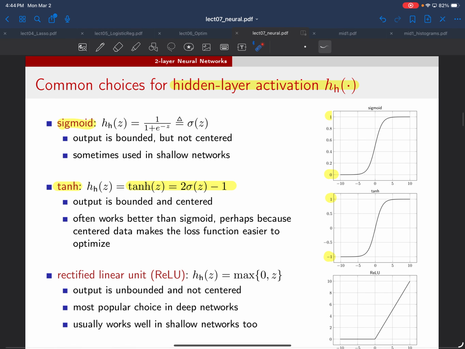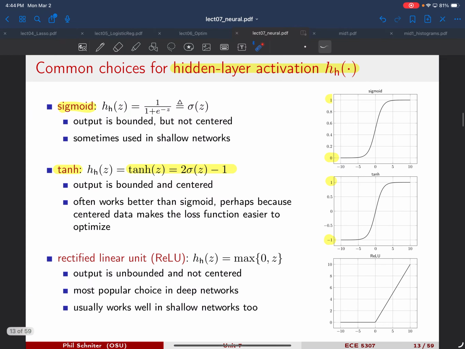And this centering makes it work a little bit better when training networks usually. It helps to decouple a few things, and that just makes the training a little bit easier. But roughly speaking, both of these work okay with 2-layer networks.